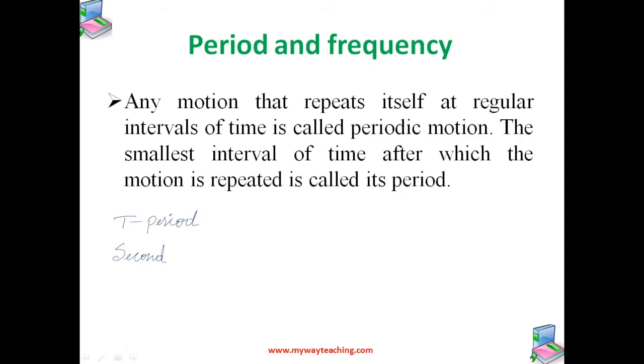The period of vibrations of a quartz crystal is expressed in units of microseconds. As I told you, if it is very small, we can express it in terms of microseconds.